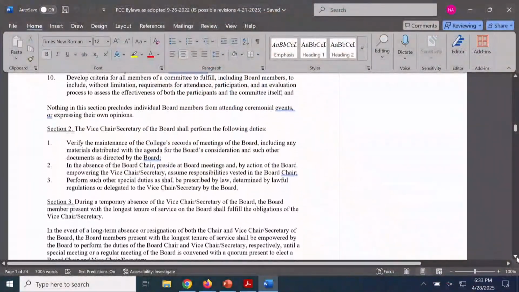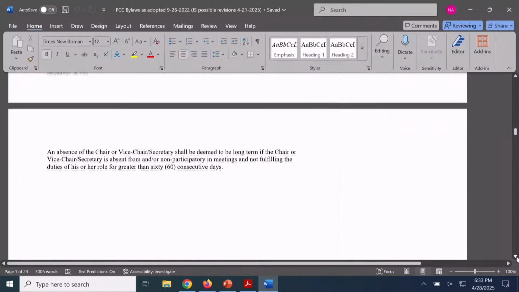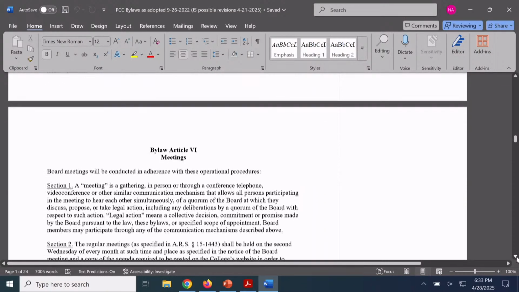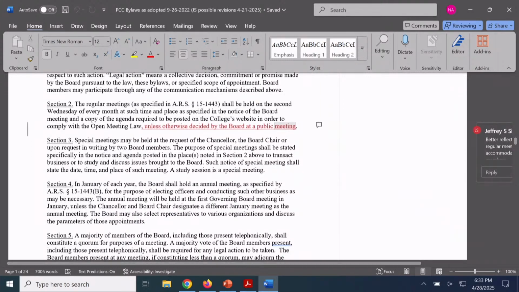Okay, the next one. Article 6 has different provisions about how meetings are arranged and conducted.